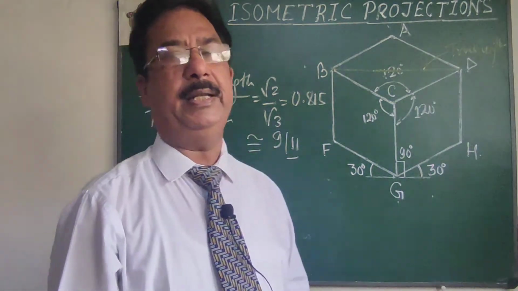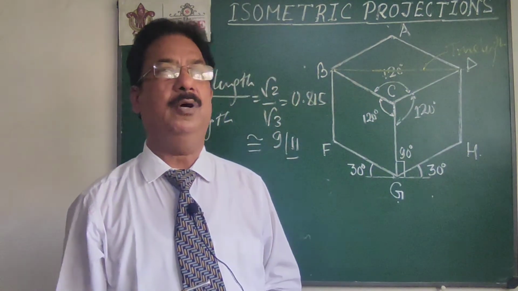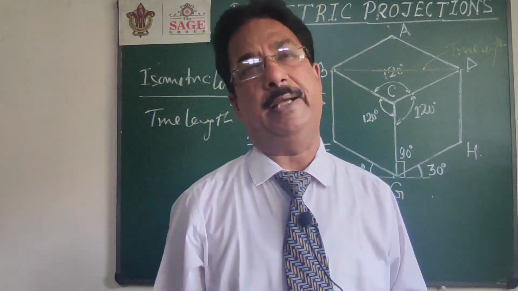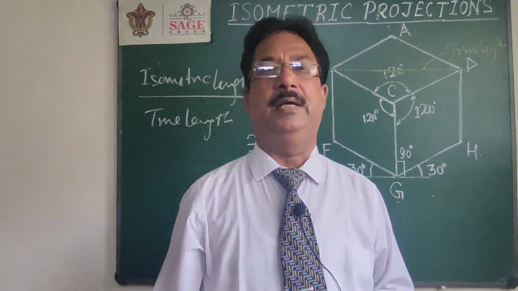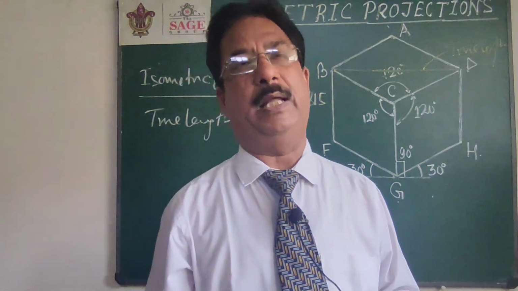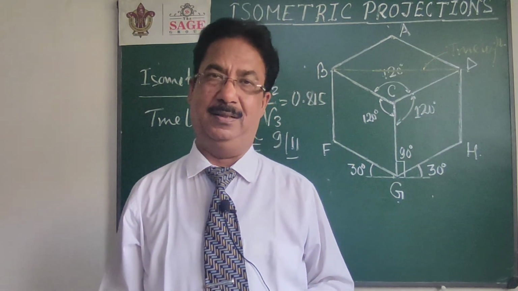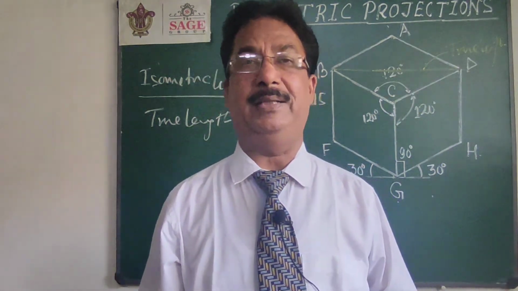So the meaning is, in isometric projection the length of the object will be reduced in the proportion 9:11. So if there is a cube of 11 centimeter size, in isometric projection it will look like a cube of 9 centimeter size. So this is the property of isometric lines and isometric axis.